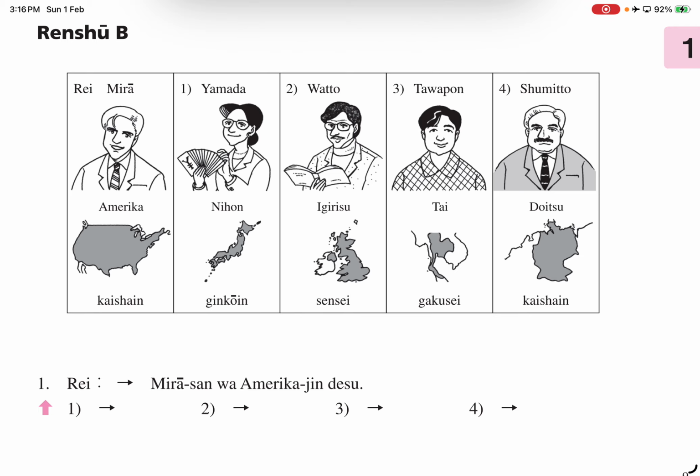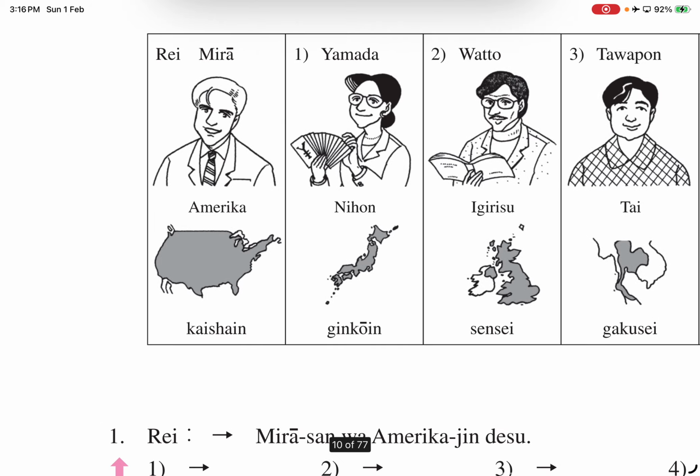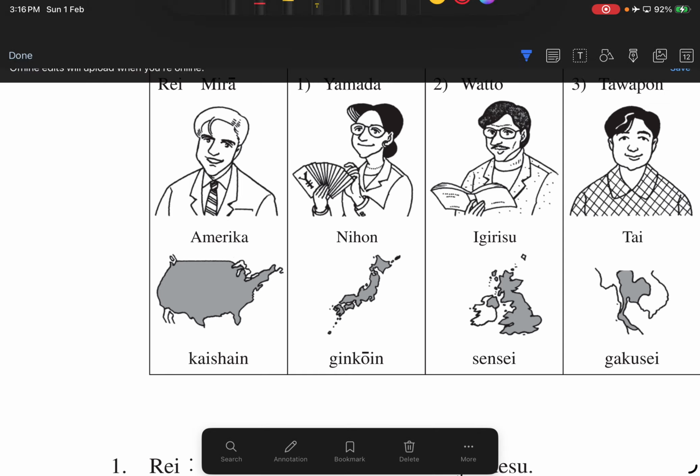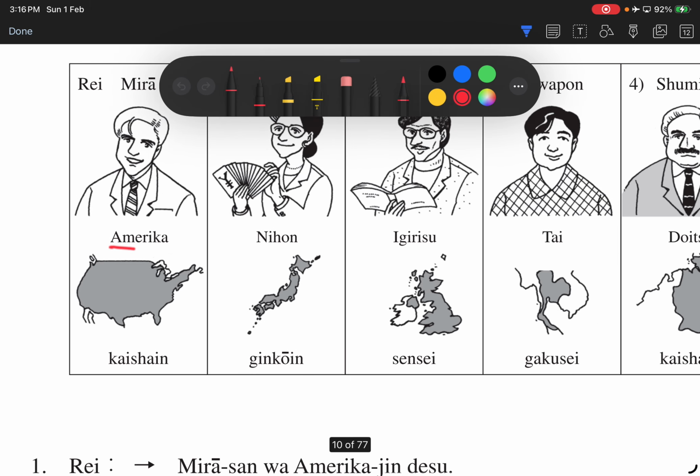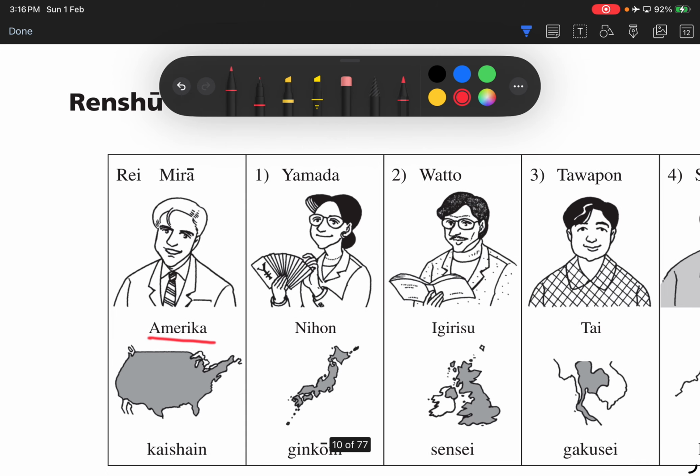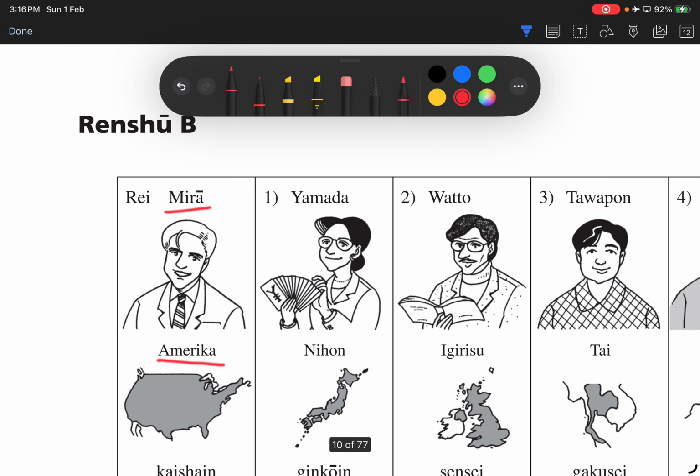Rei means example, like 例子. In Chinese we say 例子. So, Mira-san wa America-jin desu. How do we know? Over here it says in the picture, America, and then his name is Mira. Some of you wrote Mirara. Sorry, the one with the hyphen on top simply means an extra A, a long A sound.